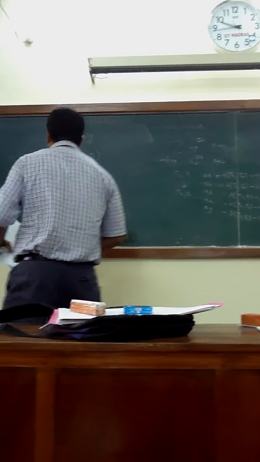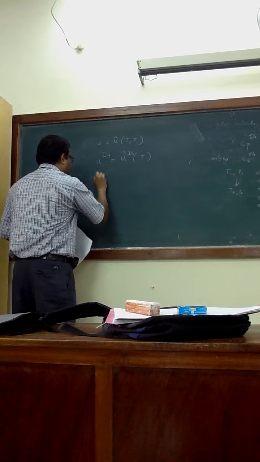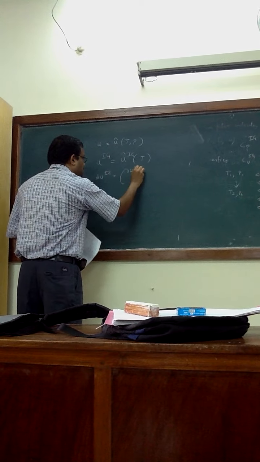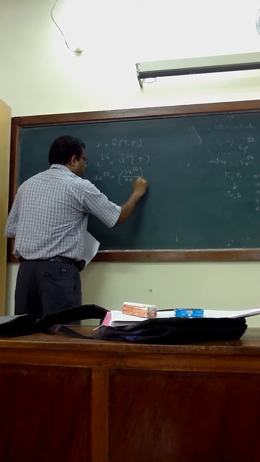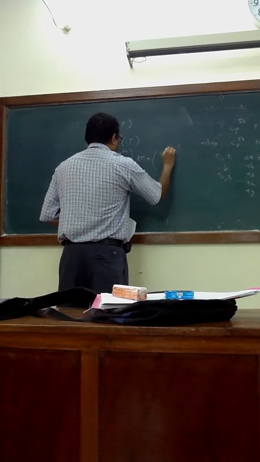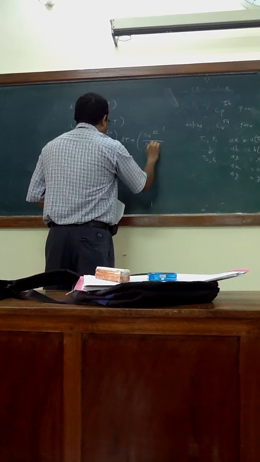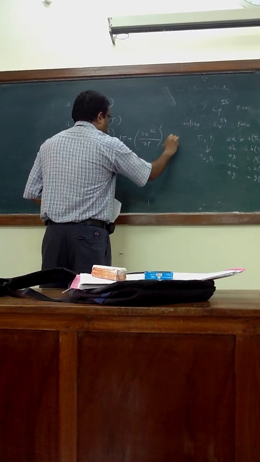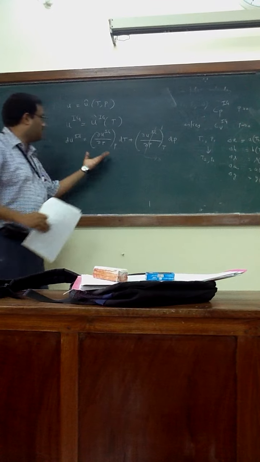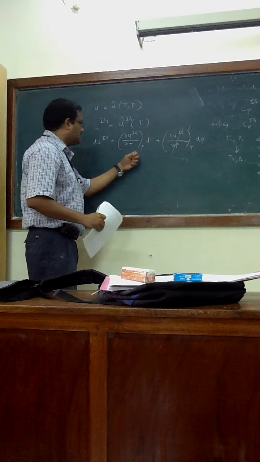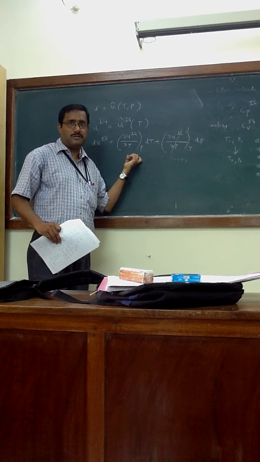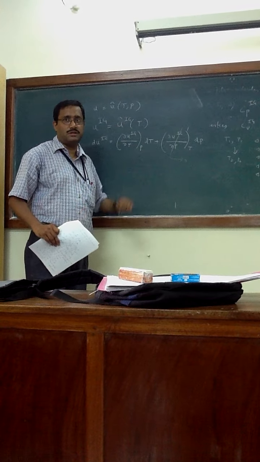Why? Because dU ig is ∂U ig/∂T at P dT plus ∂U ig/∂P at T dP, and this guy is going to be 0. So this is nothing but, you can write this as no more a function of pressure, this is the temperature, and that's it, a function of temperature.